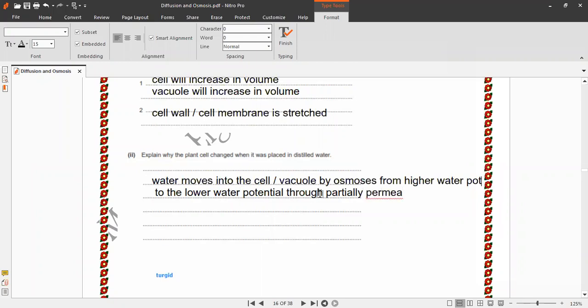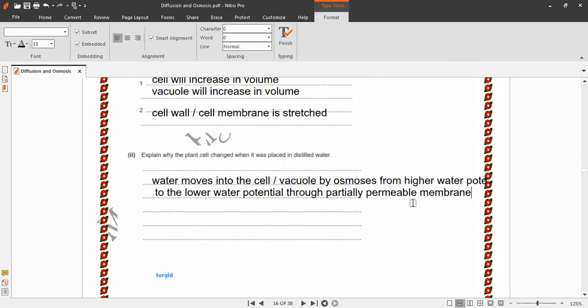Through partially permeable membrane. Mister, can we say cell wall, cell membrane? But here, through the cell membrane. You have to write partially permeable membrane for osmosis. So this is specific for osmosis.